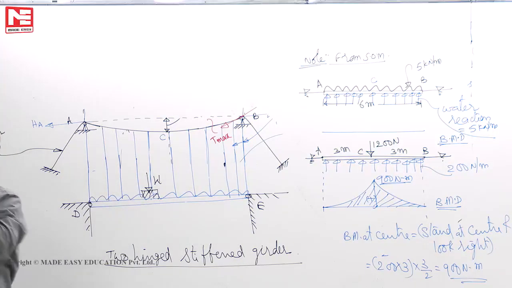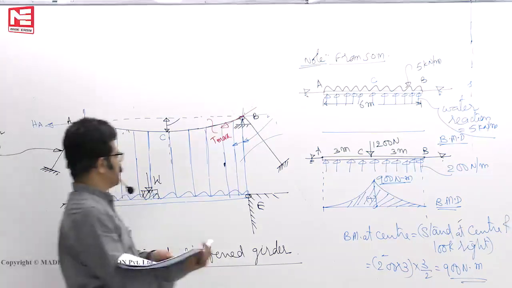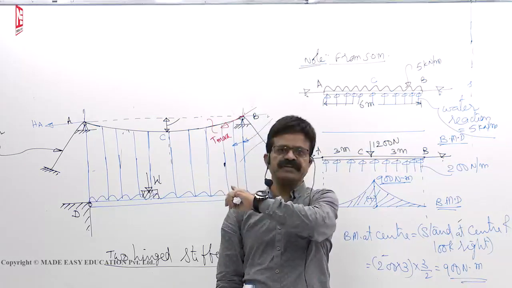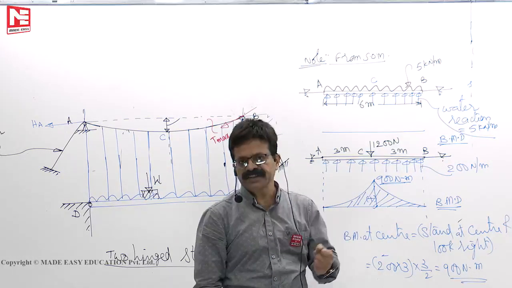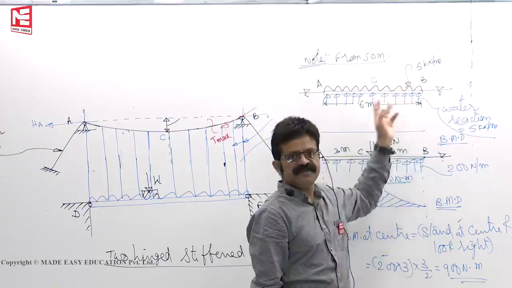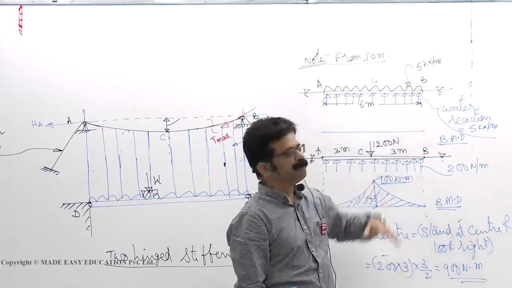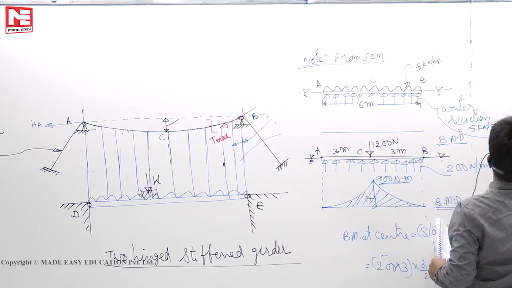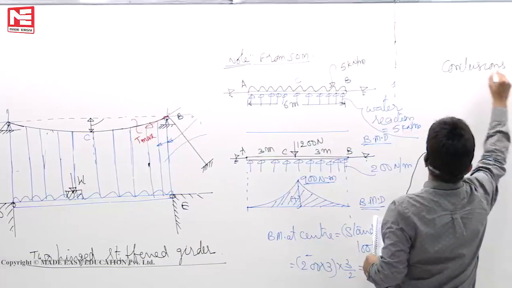So once they ask that point as a 2 marks question: when a two hinged stiffened girder is subjected to uniformly distributed dead load, bending moment and shear force are 0 everywhere. So it is fully supported.